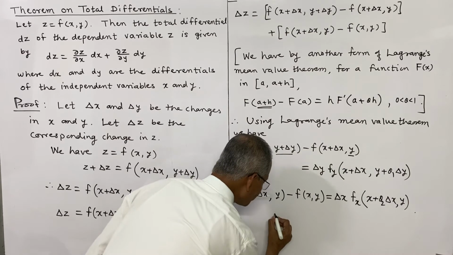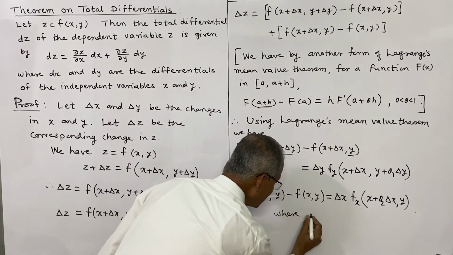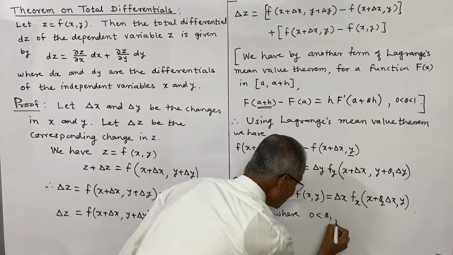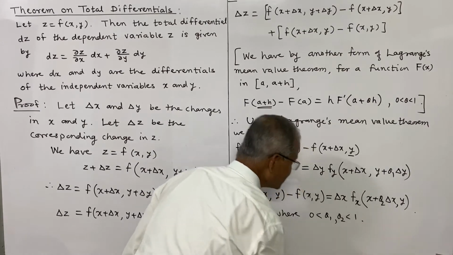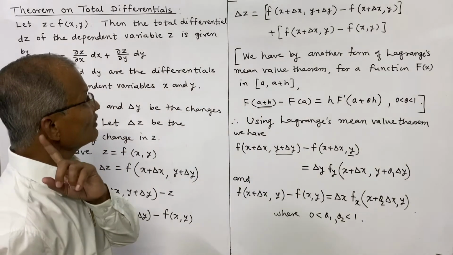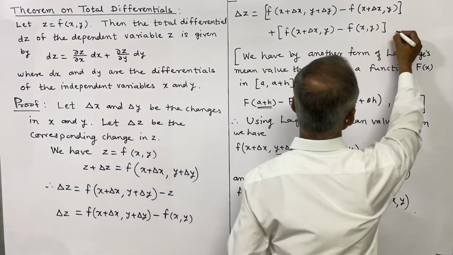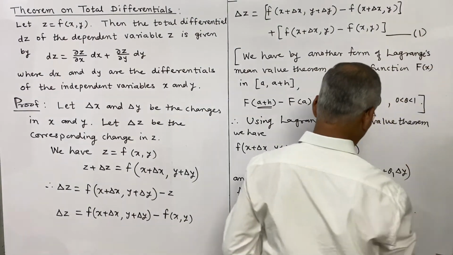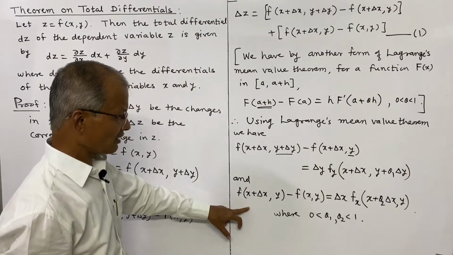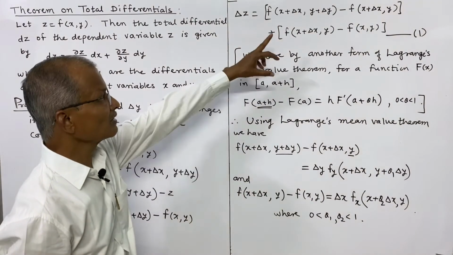Where these values theta 1 and theta 2 lie between 0 and 1. We shall refer to this as equation 1, and now we will use these results in equation 1.